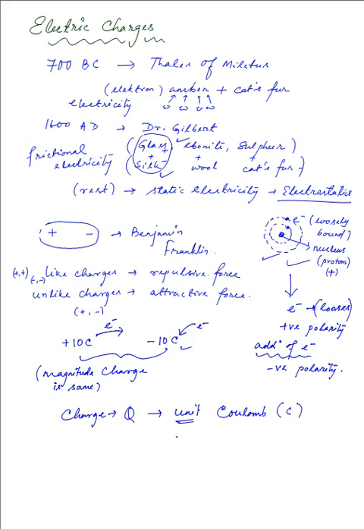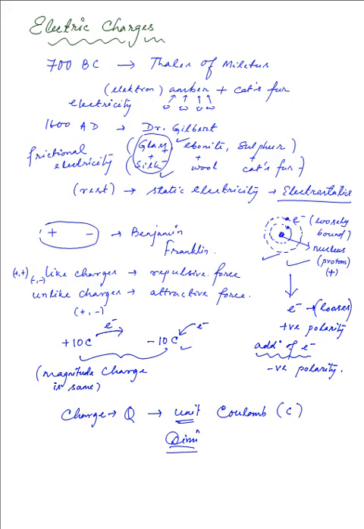And as far as the dimension is concerned, this charge is a derived quantity, it is not a fundamental quantity, and that is why it needs to be written with the help of a few fundamental quantities.